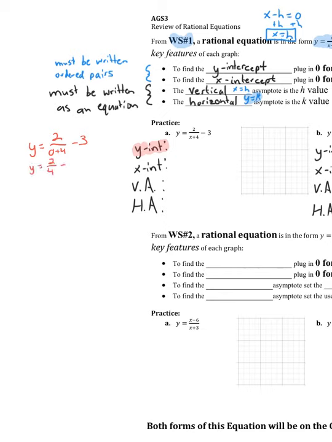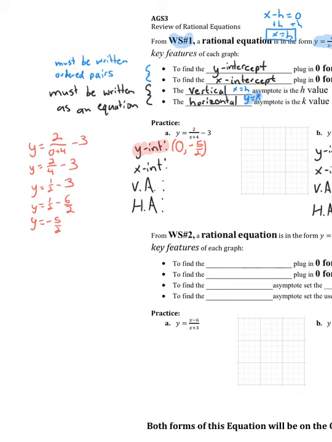So y equals 2/4 minus 3. 1/2 minus 3. 3 can be rewritten as a fraction, 6/2. So y equals -5/2. In order to get credit, what I did was I plugged in 0 for x. So I need to write that as an ordered pair. And I got -5/2 for y. And I showed my work algebraically. All right.